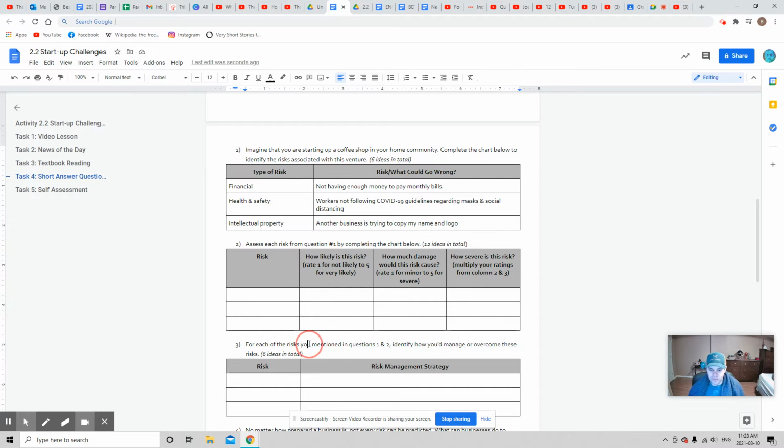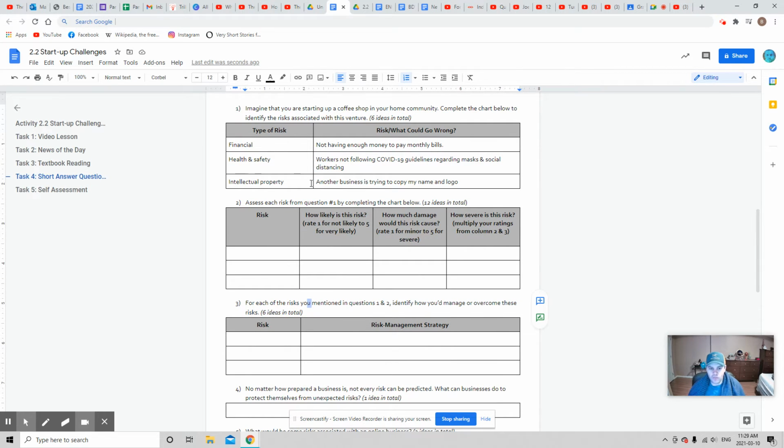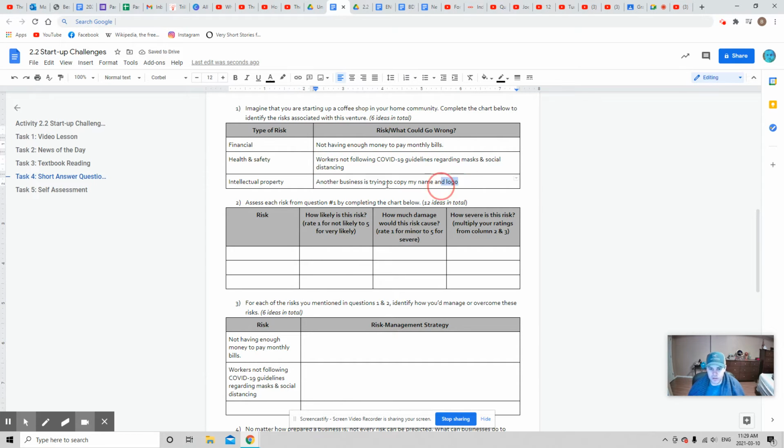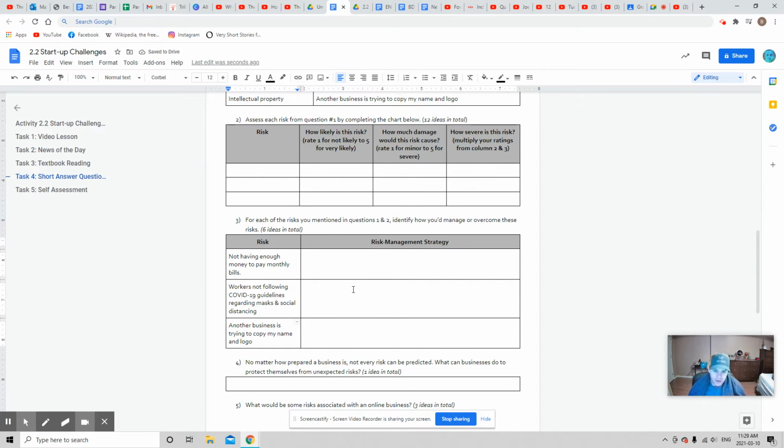Now, for each of the risks you mentioned in questions 1 and 2, identify how you'd overcome these risks. So once again, just copy and paste your risk into that first column. I'm just pressing Control-C to copy, then Control-V. And then tell me how you overcome each risk. For this one, you could say, I would register and trademark my business's name and logo to prevent intellectual property theft.